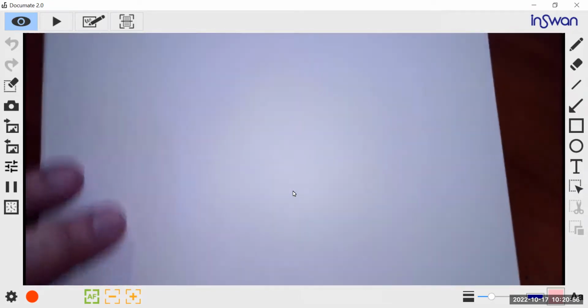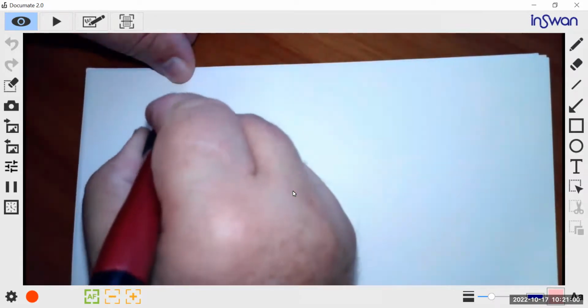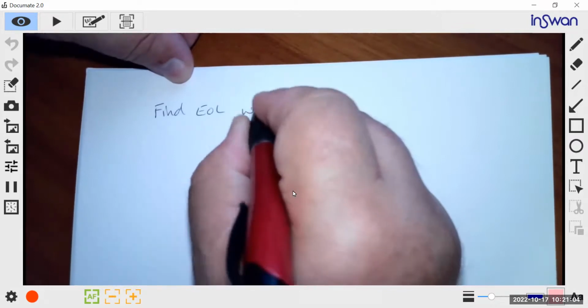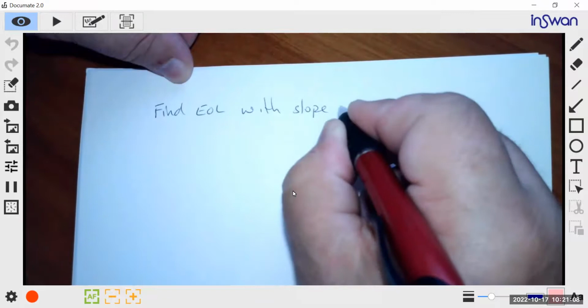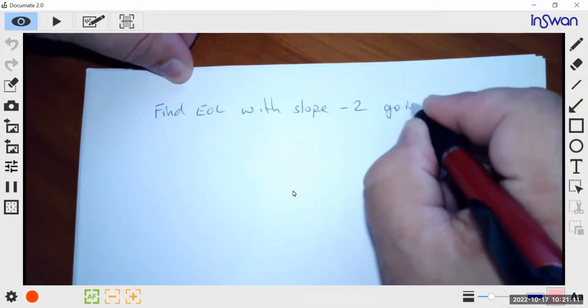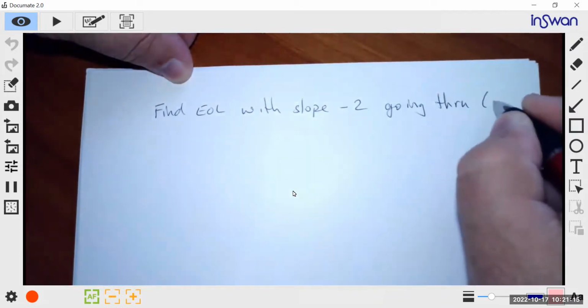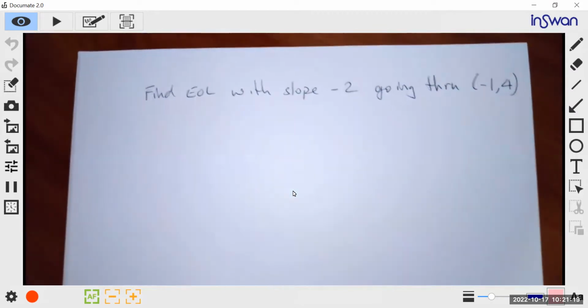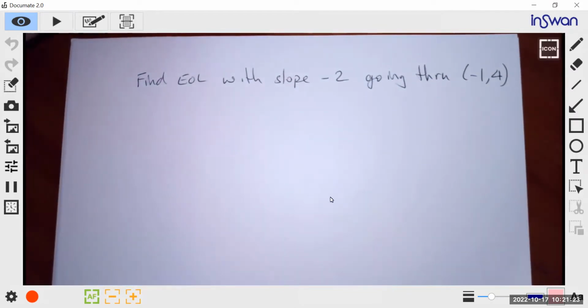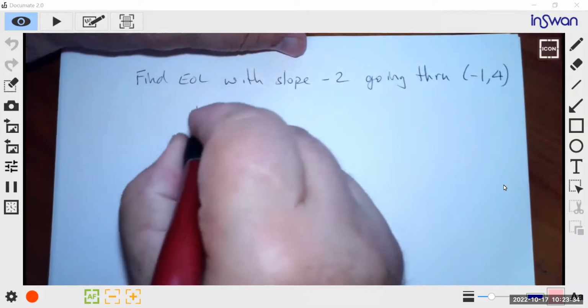Let's do another one like this, and we'll do it with 2 points. Equation of a line with slope -2 going through (-1, 4). Okay, we want it in this form.